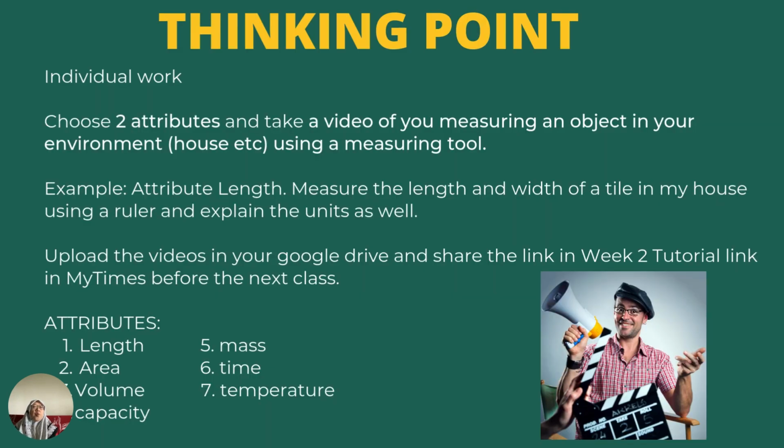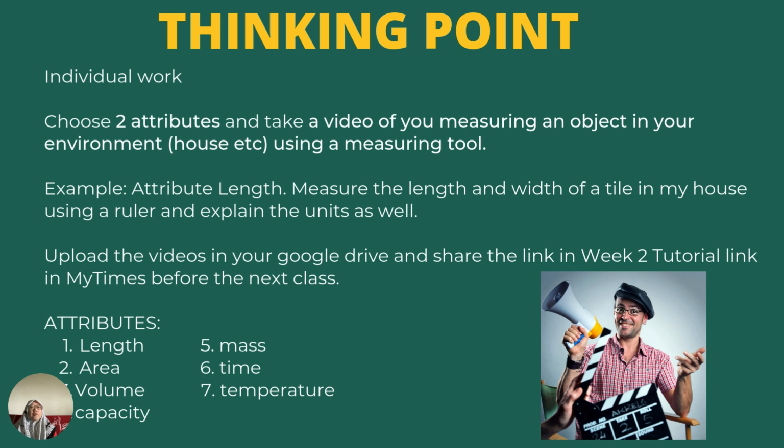Okay, here's a thinking point for you. This is individual work. You can show it to me in the other tutorial, not next week, because next week we'll see on another week. Choose two attributes and take a video of you measuring an object in your environment, for example, your house or your apartment, using a measuring tool.